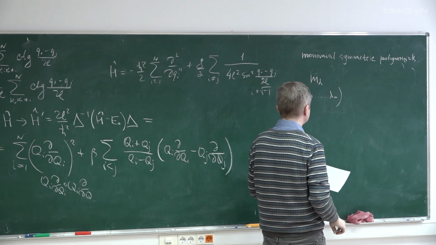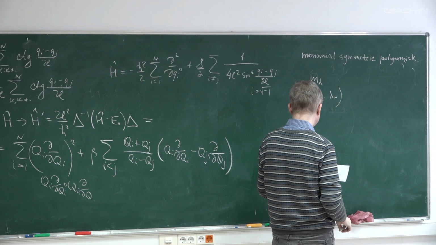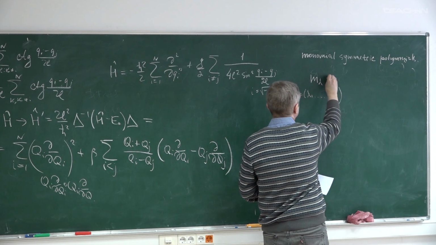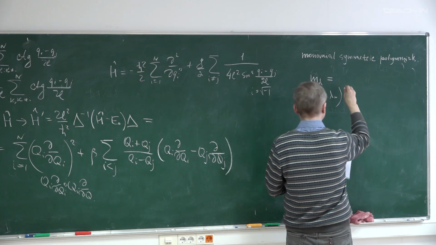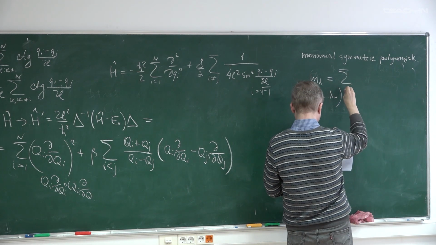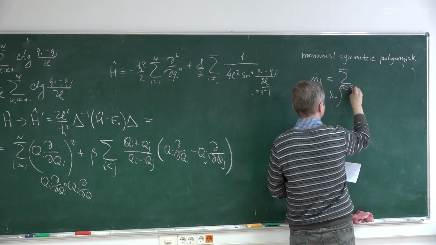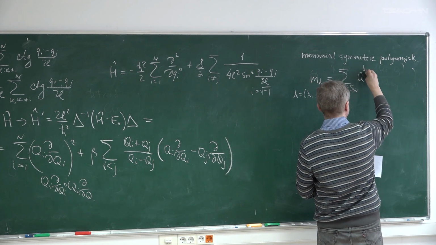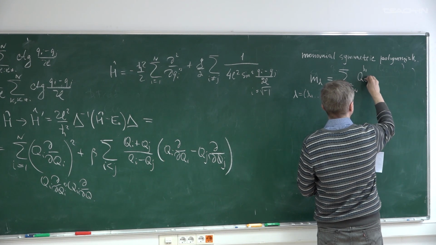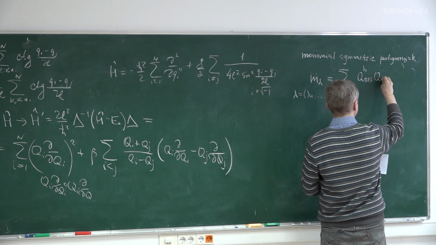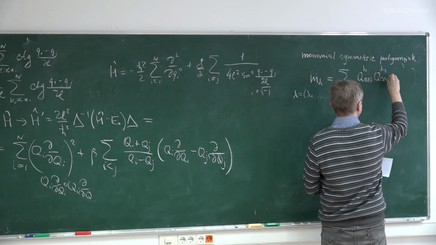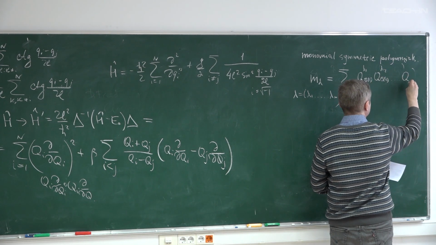And this m lambda is a sum over all possible permutations of a product of all possible q's in the corresponding powers.